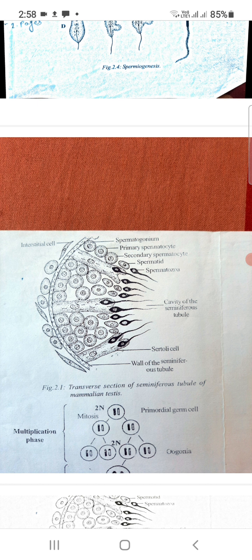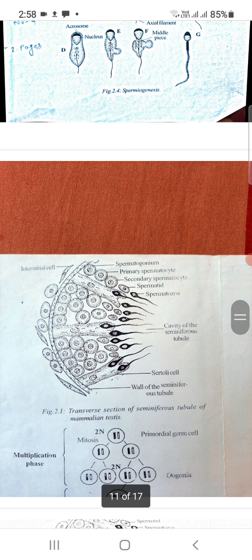This figure is a single seminiferous tubule. In this way, a large number of seminiferous tubules are present in the testis of mammals, and in the seminiferous tubules the formation of sperm takes place.